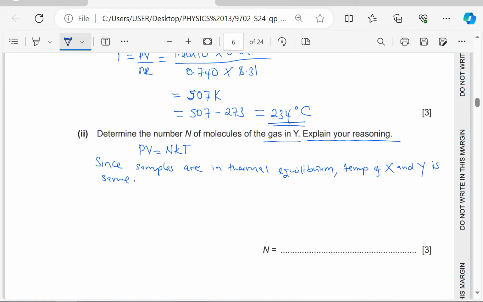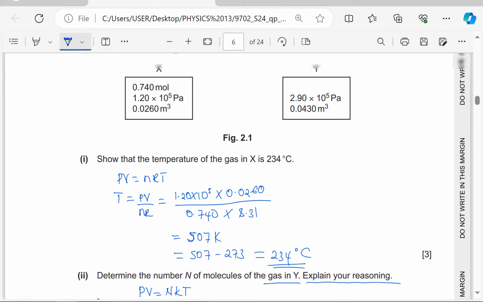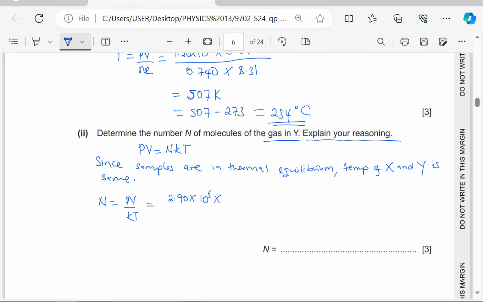So now you make n the subject. N is going to be equal to PV divided by kT. So P for Y, I think it is 2.90 times 10 to the power of 5. Then V for Y is 0.0430.